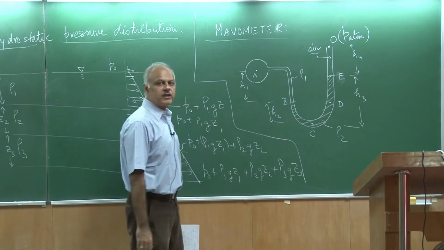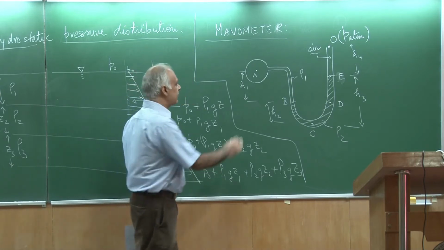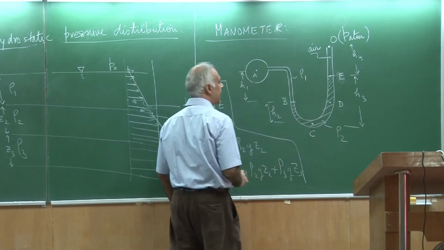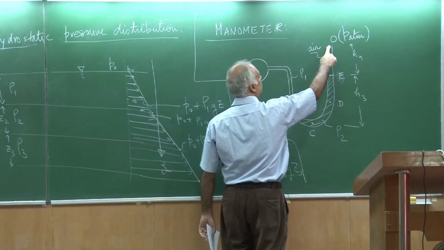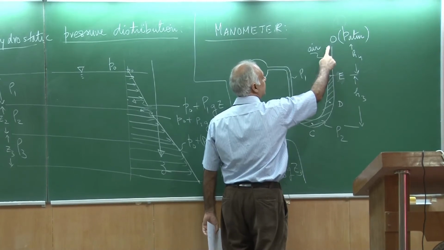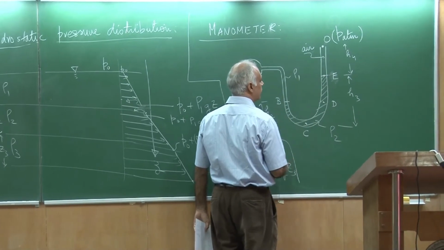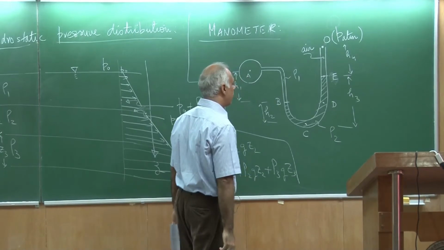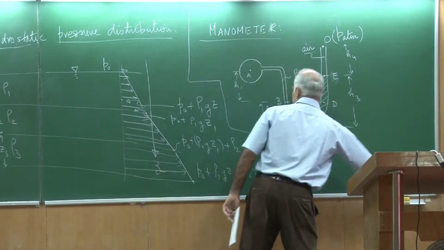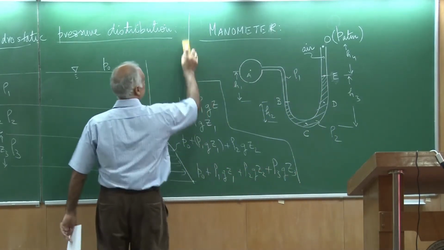Now, we can use the equation of fluid statics and try to relate these different pressures. So, let us start from this point. I already know the pressure here, this is atmospheric pressure. So, I could write down the pressure at point E. I will create some space here.